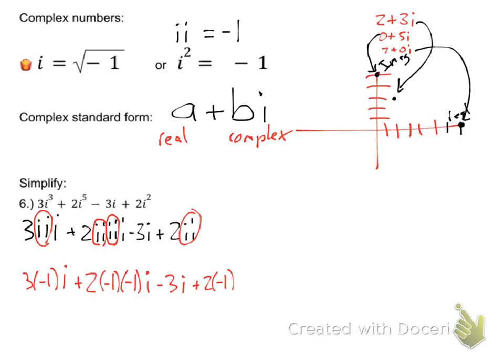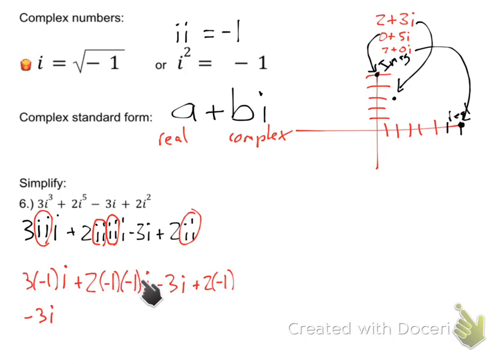Now start cleaning it up. What is 3 times negative 1i? Negative 3i. What does 2 times negative 1 times negative 1 times i give?